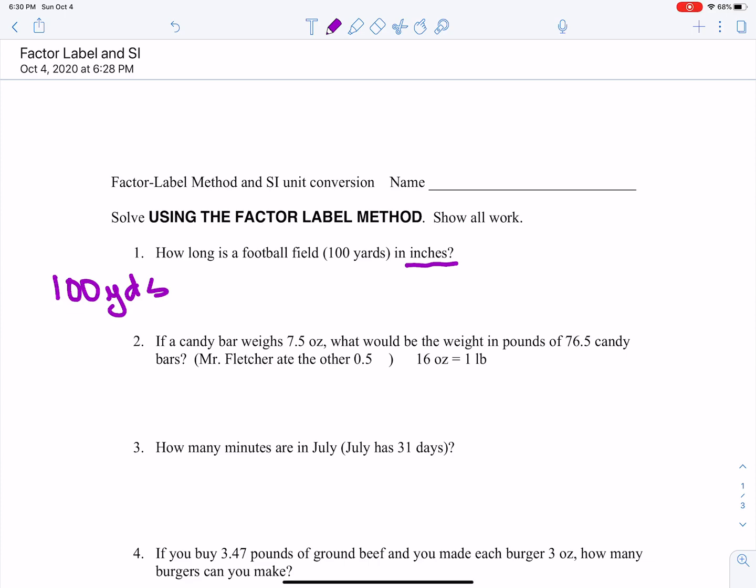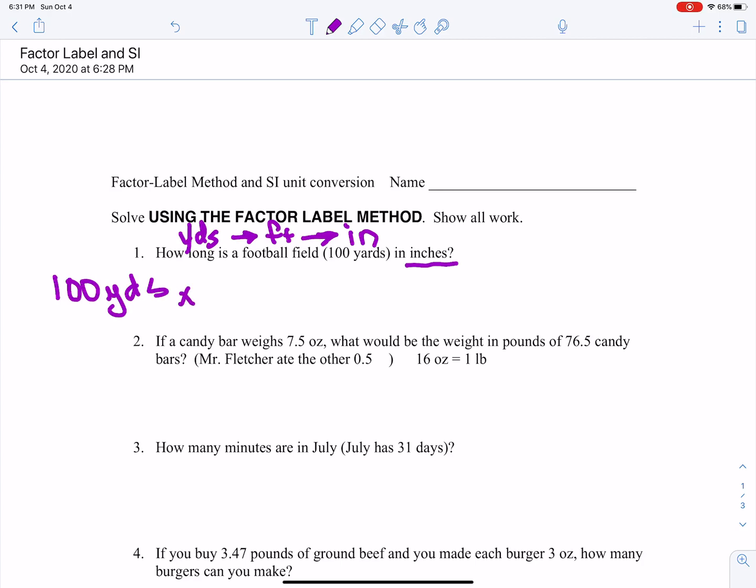So that's what we have to end up with. So the plan is we have to go from yards to feet to inches. And most of you will be like, okay, well, I can do that in my head or my calculator. I want you to be able to set it up on paper so you can see how the units cancel out.